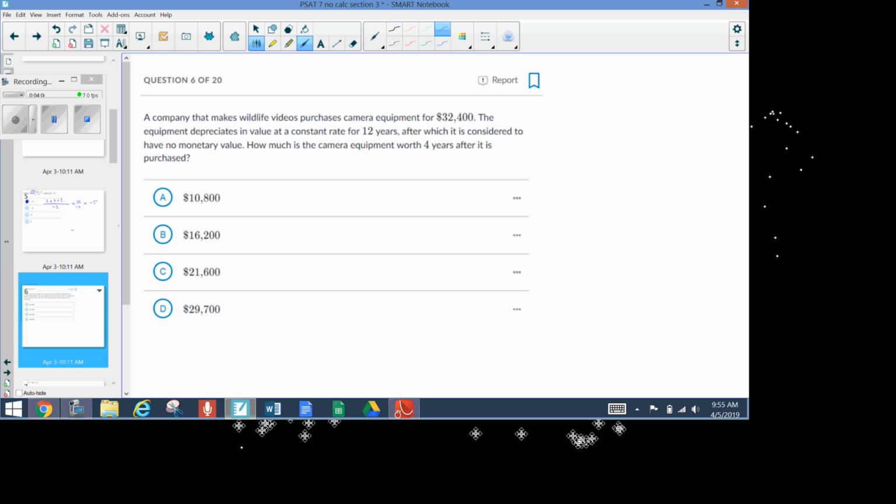So, $32,400. It has 12 years of life, right? You can use it 12 years. And the question is asking how much is the camera equipment worth 4 years after it's purchased.